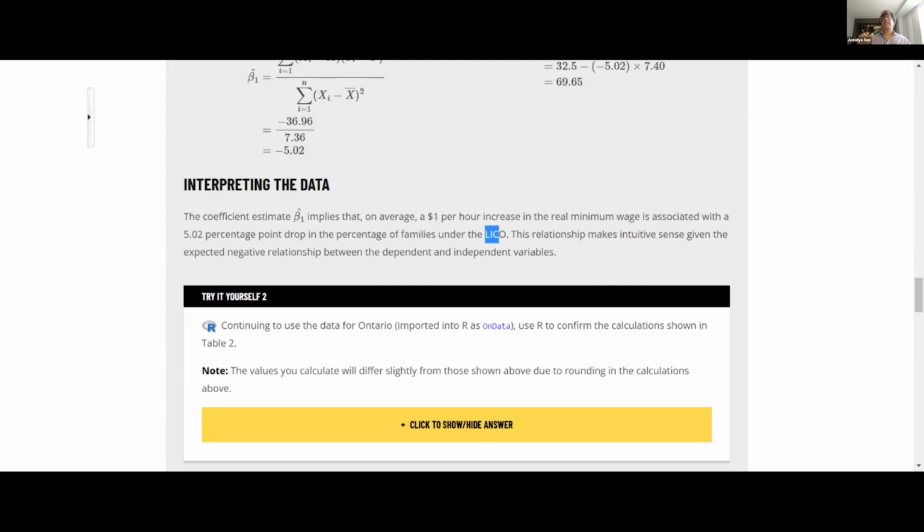So this so far is suggestive that if you increase the minimum wage by $1, it is associated over time with a non-trivial decline in the poverty rate in these provinces. Poverty rate among lone parent households. Okay, so this is the type of output you can get from a pretty basic approach and simple formula.